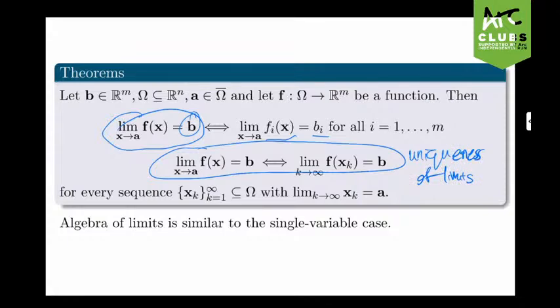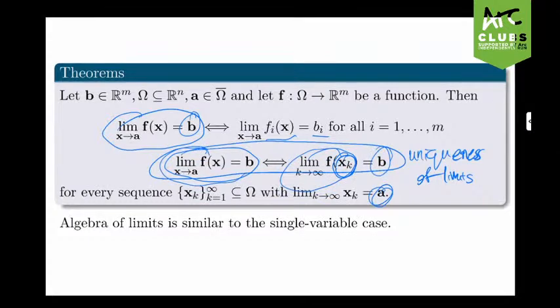If I'm saying that the limit exists, what that means is that no matter what sequence xk I have, as long as xk converges to a, the limit of f of xk must be the same as that limit.